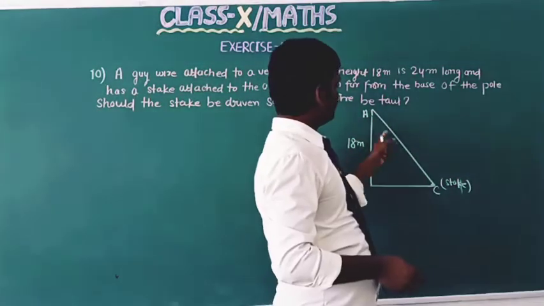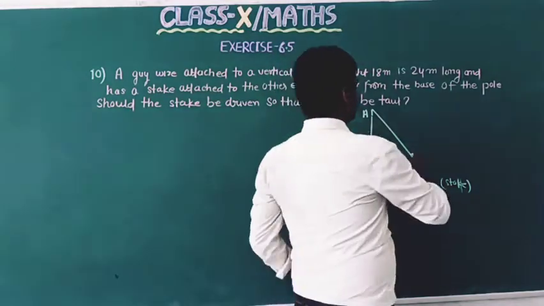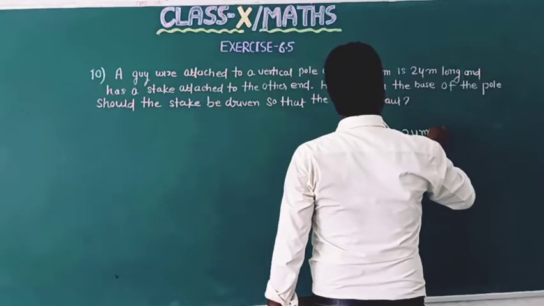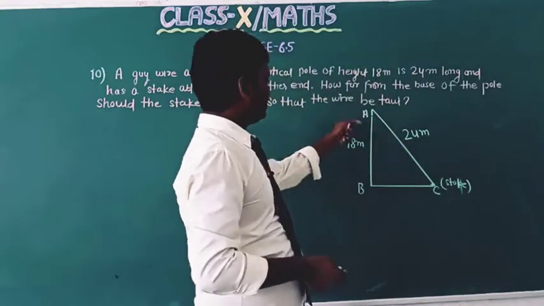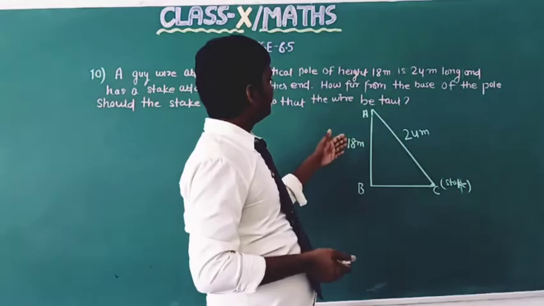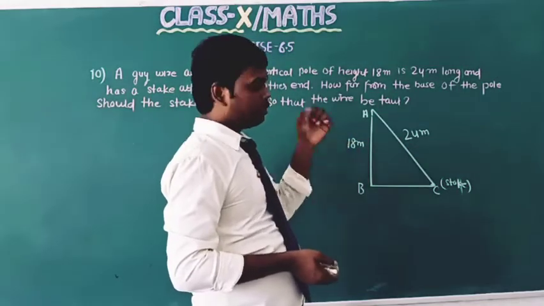So AC is the wire whose length is 24 meter, and AB is the height of the pole.